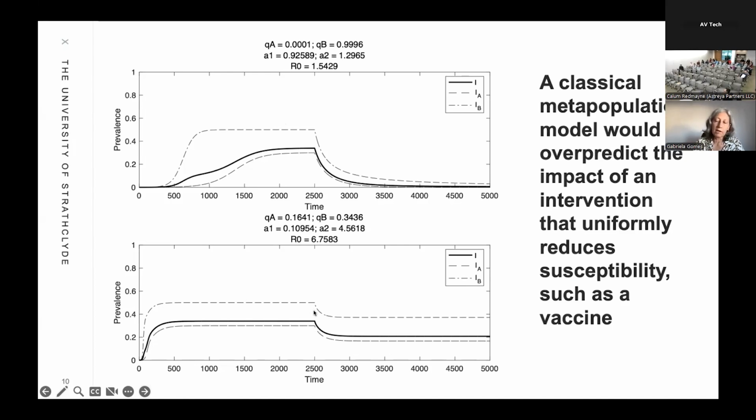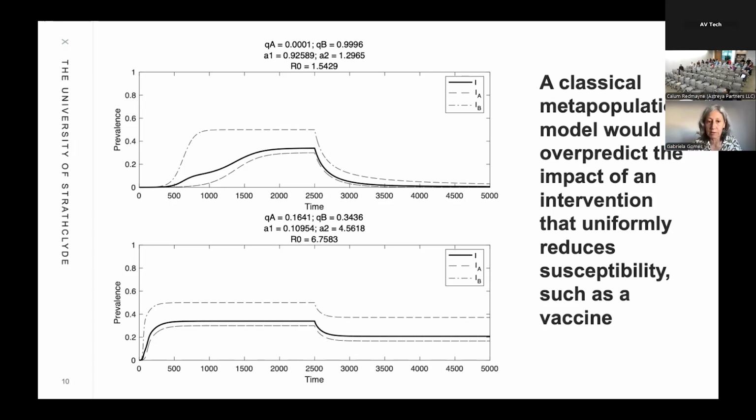And now you apply an intervention, just like in the first model I showed. You apply an intervention to reduce susceptibility by half. So here the intervention will have a great impact, and in the other model, it has much less impact. But both models could fit the pre-intervention incidences in the two regions.